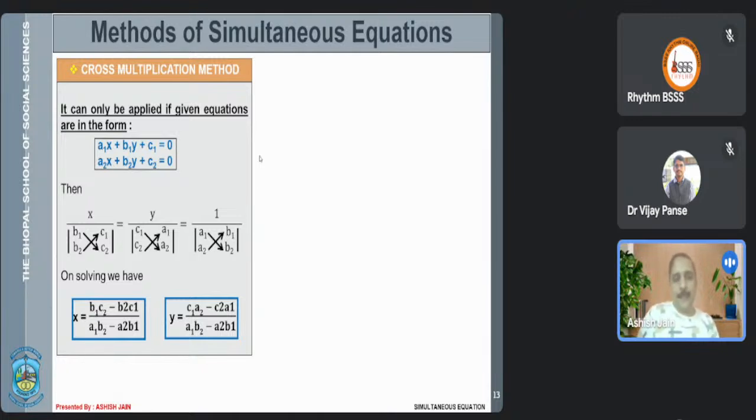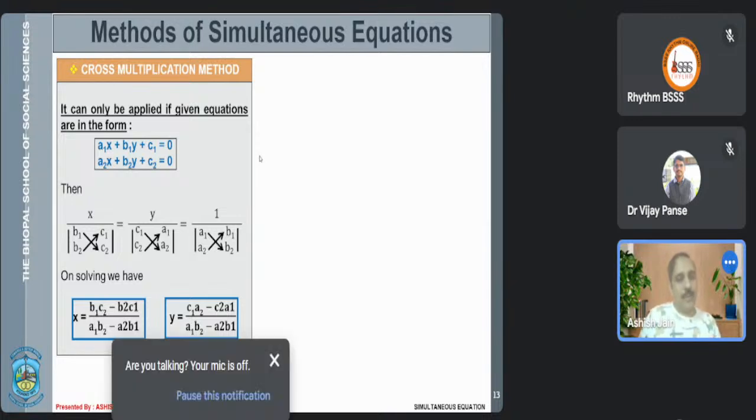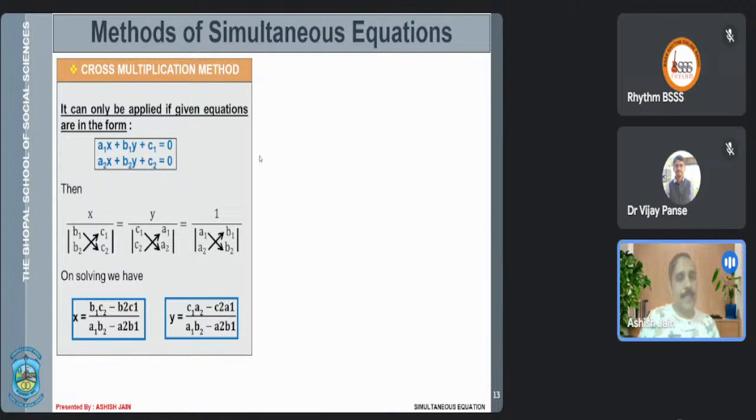So what do we do? Since we have 2 unknown variables x and y, we will write it like this: x upon, it is equal to y upon, it is equal to 1 upon. Clear? So it is x upon, y upon and 1 upon. Now what do we have to write in the upon?